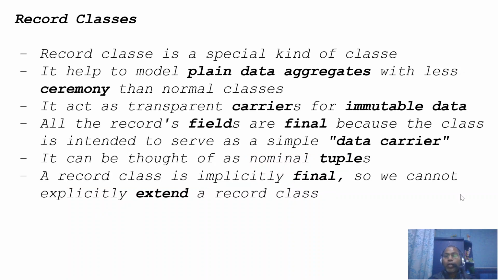Whenever you want some kind of immutable data, don't manually write classes with setters, getters and everything to make them immutable. Just use record classes, like data classes.